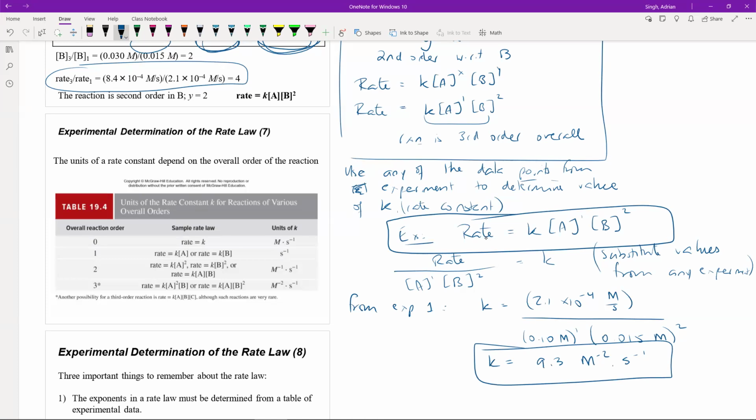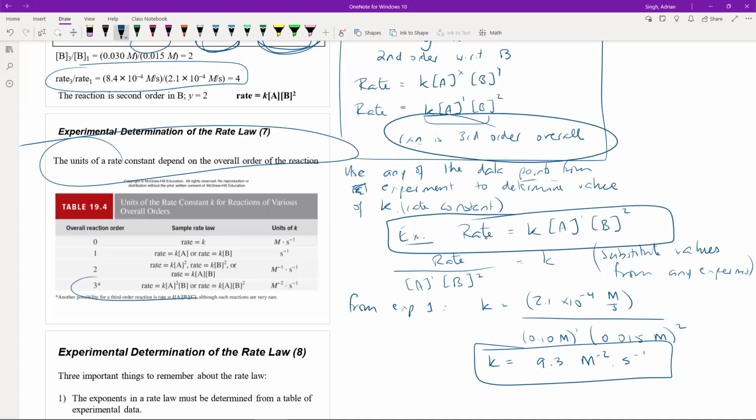What you'll see is that the value for the rate constant, and specifically the units for the rate constant, depend on the overall order of the reaction. So here, the overall order of the reaction is third order, and for a third order reaction, the units are molar to the -3 times second to the -1. So that's something to keep in mind when we do these calculations.